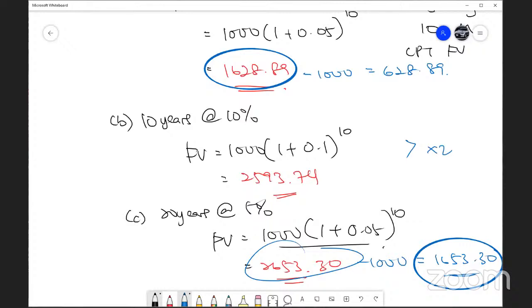So definitely C will earn more because it's compounded. Interests are being compounded also. So they will gain a larger lump sum. Happy with the explanation, right? No issues.